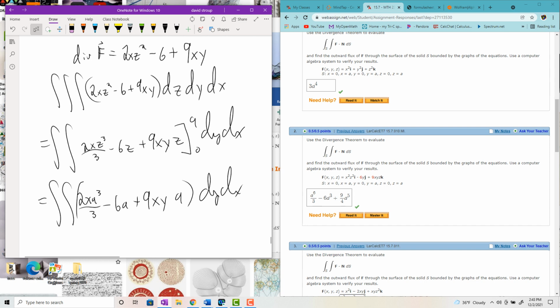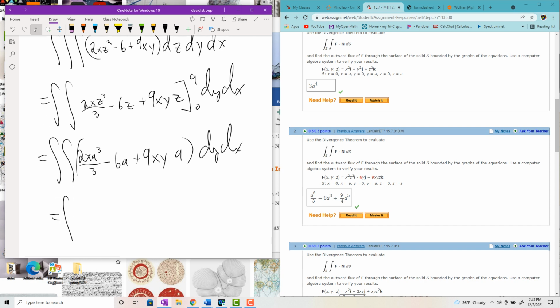Okay, so do y next. So I get the single integral now of 2x a cubed y all over 3 minus 6ay plus 9xy squared a all over 2, from 0 to a, and then dx.